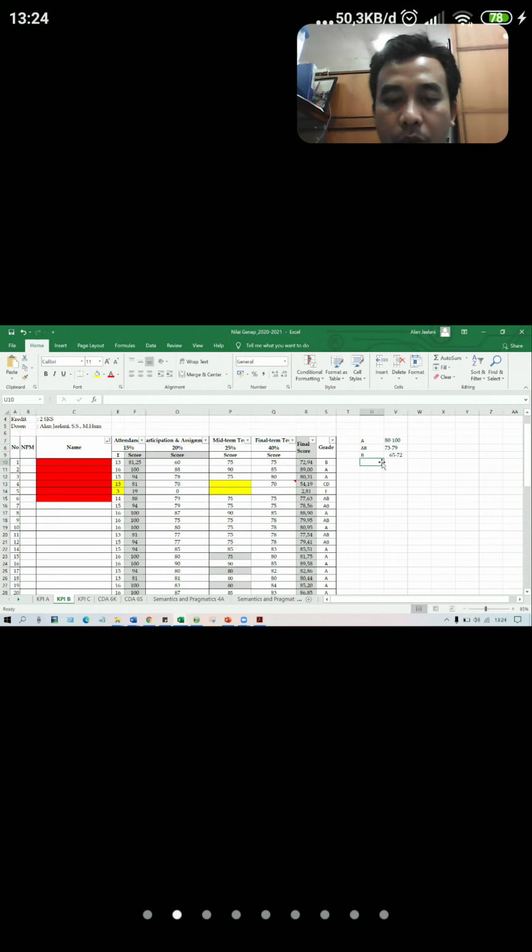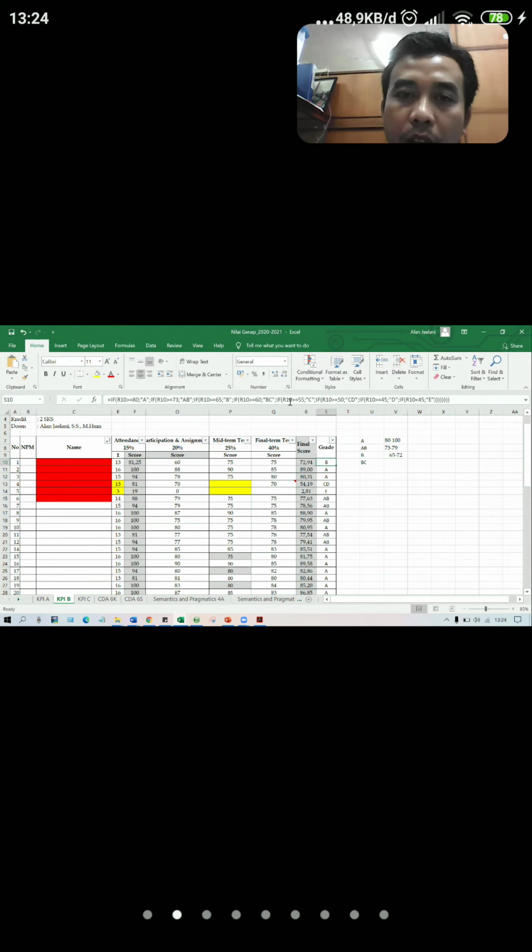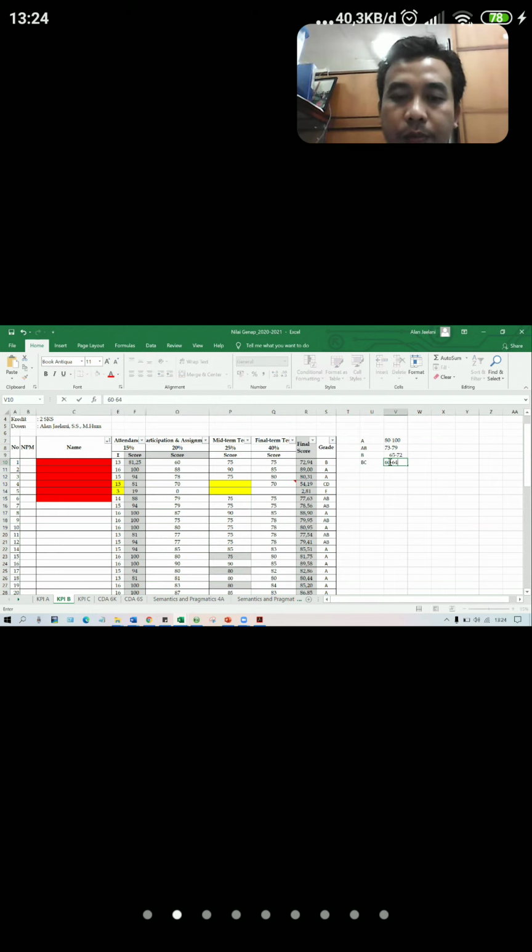And then for BC, look at the formula here, it means that from 60 to 64. And then C, 55, so it means that 55 to 59, right?